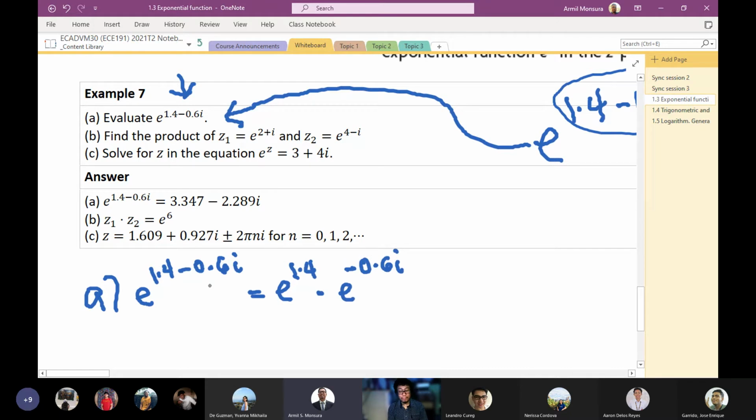I just applied the exponential property, since x raised to m plus n equals x raised to m times x raised to n. Okay, maliwanag?